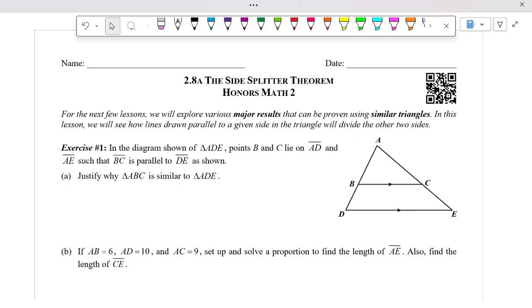Someone else. Is SSS another one? Right, side, side, side. What does that mean? Not all sides are congruent. That's congruency. So remember, in similarity, the sides are not going to be congruent, because similarity means same shape and not same size.